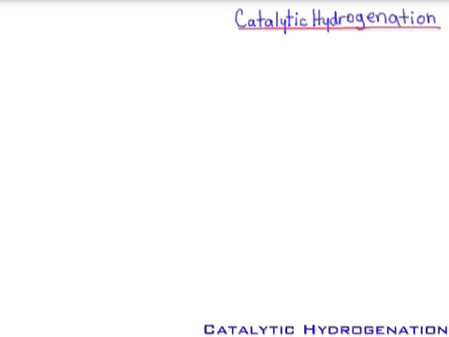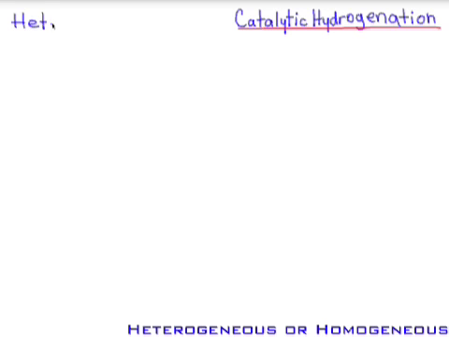Catalysts come in two varieties. They are either heterogeneous catalysts or homogeneous.